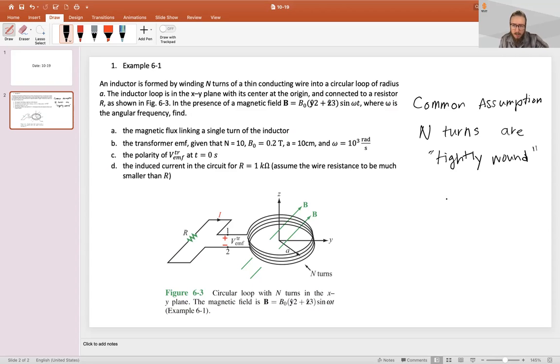Okay, so if we're looking at this from the side, where we have all these loops, we're assuming that this is very thin and basically a negligible distance.